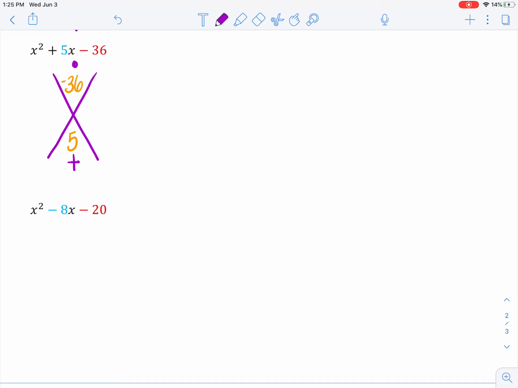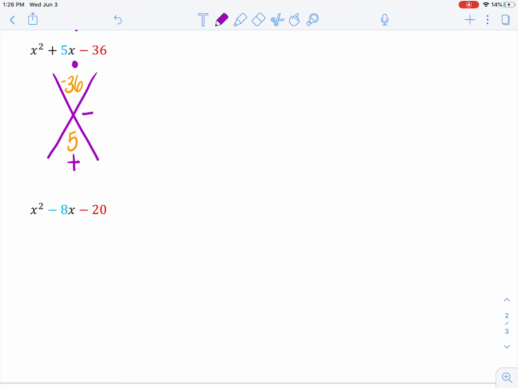If I have a negative product, that means I have taken a negative number times a positive number. That's the only way that you can get a negative product. So I know that one number has to be positive and one number has to be negative. I'm actually not going to write that positive there, but I know that one number has to be negative. And I just have to figure out which one.